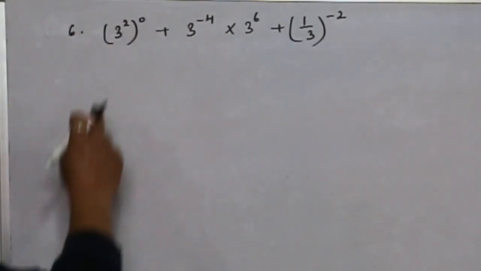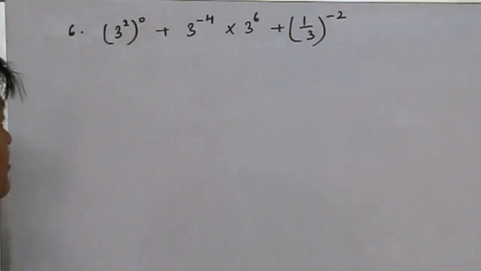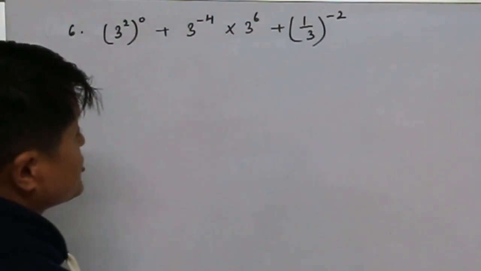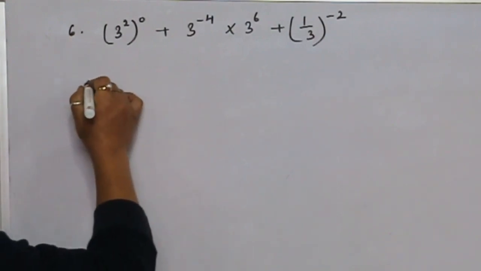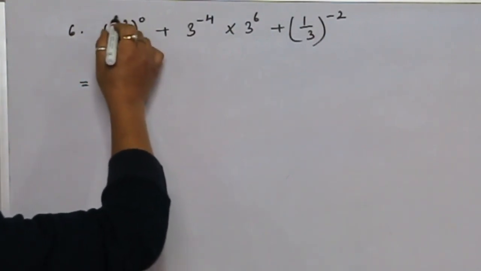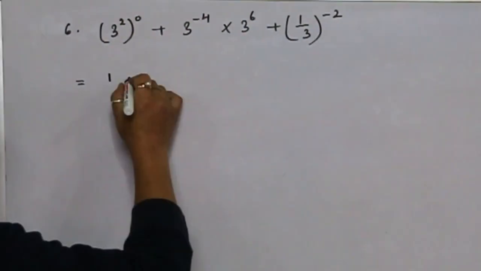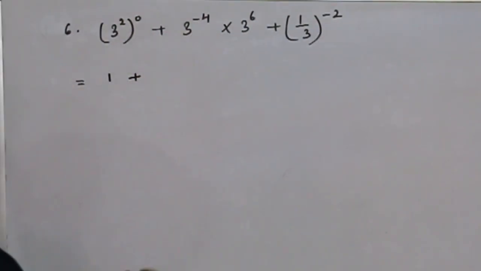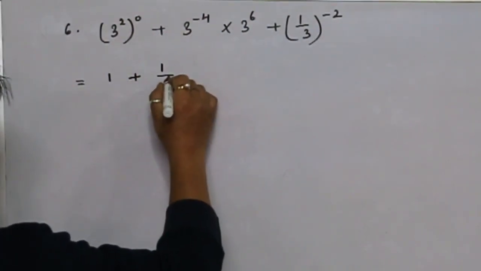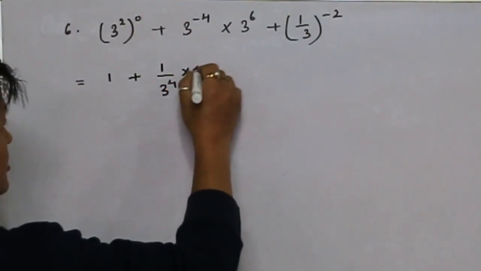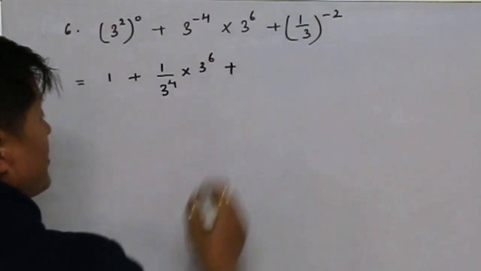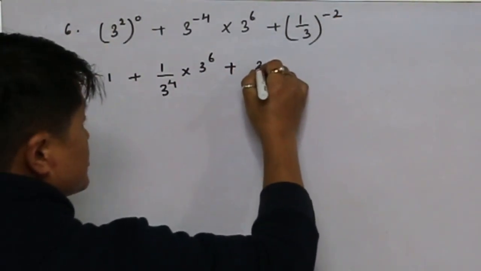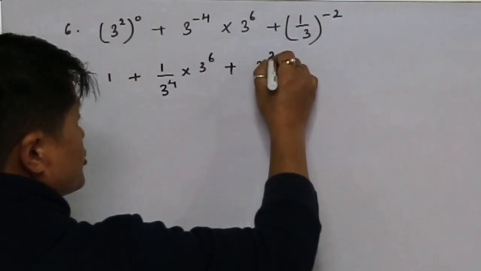Next question is (3 to the power 2) whole to the power 0 plus 3 to the power minus 4 into 3 to the power 6 plus (1 by 3) whole to the power minus 2. Okay, to solve this, any number to the power 0 is 1, plus when there is a negative sign we will make this positive, this will become 1 by 3 to the power 4 into 3 to the power 6, plus, when the power is negative we will make it positive, so this will become 3 to the power 2.